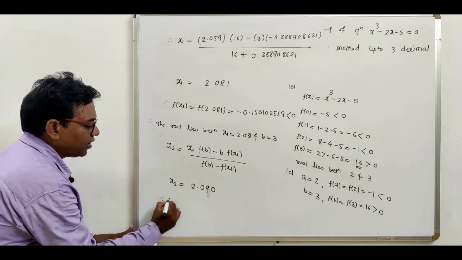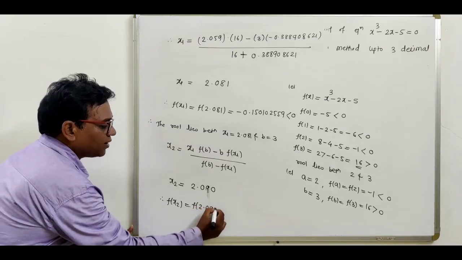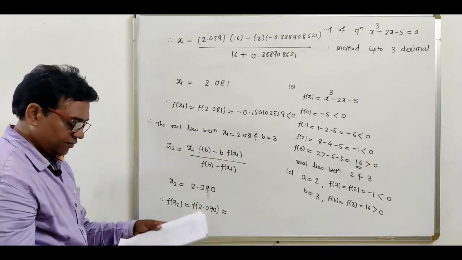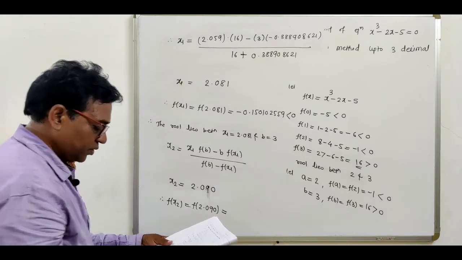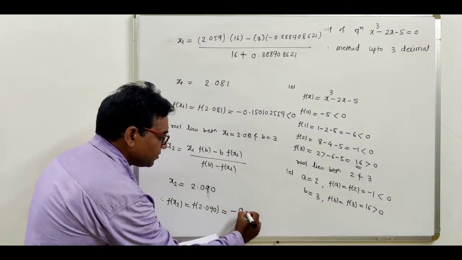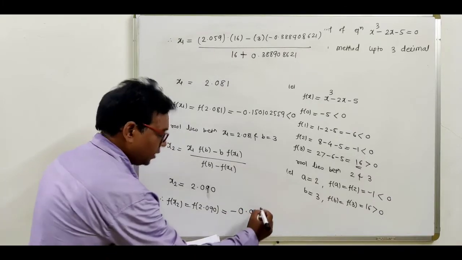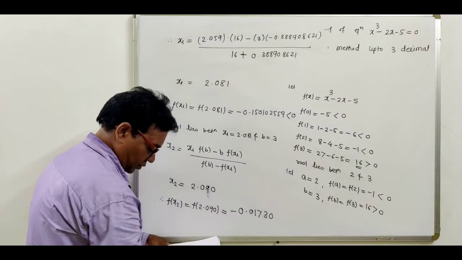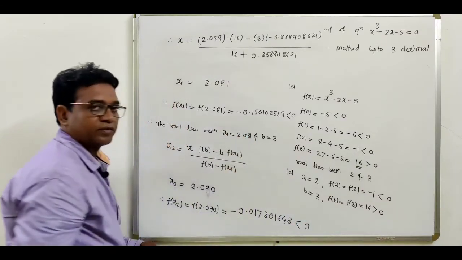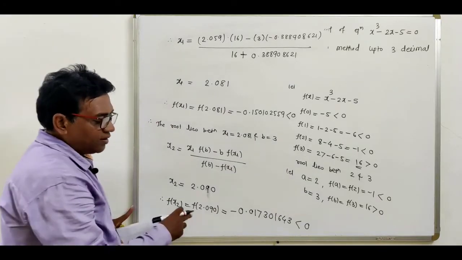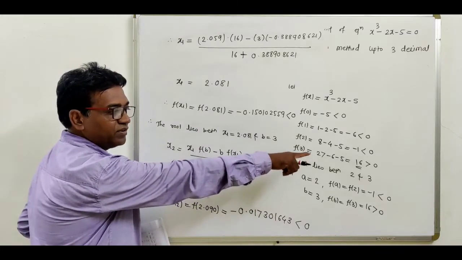So find out the functional value f of x2. So f of 2.090. F of x2 is equal to minus 0.017301643. So this is again the negative functional value. So obviously the root lies between negative and same thing upper positive functional value, which is 16.